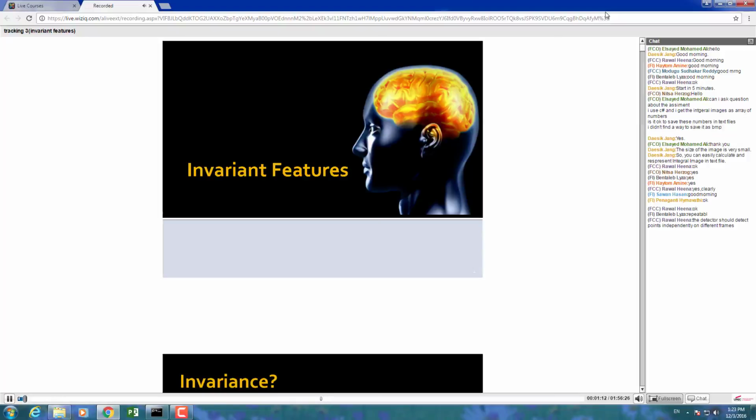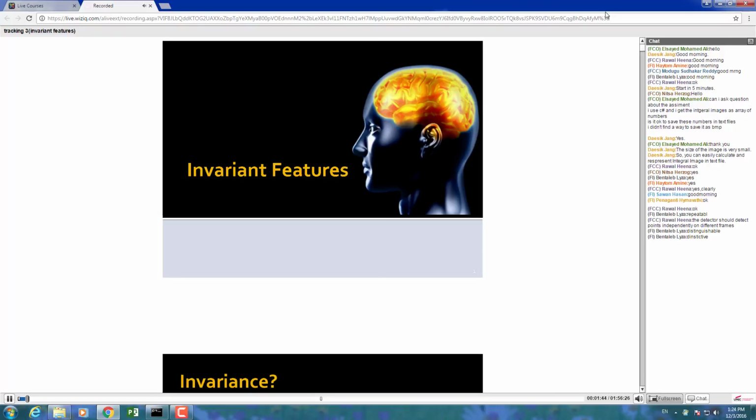And the second condition is for descriptor. So when we are developing a descriptor, what should be the condition for descriptor? Yes, it should be distinguishable. It means we need to distinguish every feature point from each other.